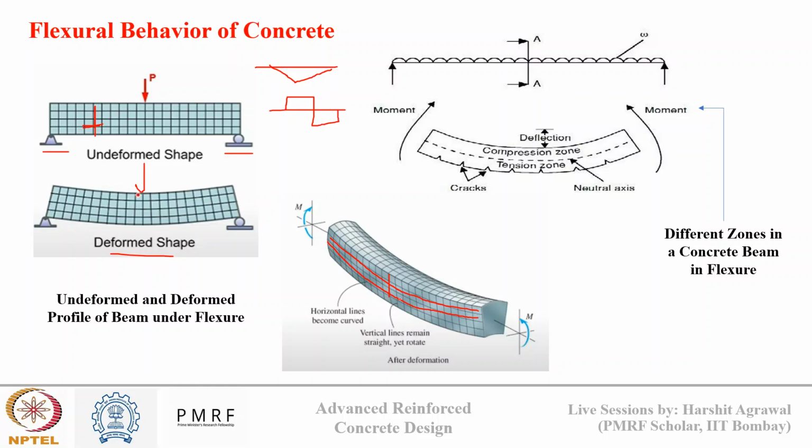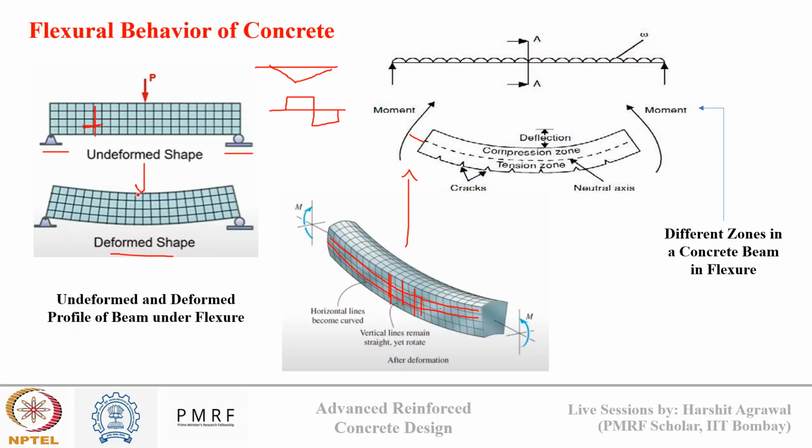What this tells us is that different stress zones are created in a reinforced concrete beam at different depths. These zones are basically the compression zone and the tension zone, and they are separated by a line known as the neutral axis. What is this neutral axis? This is the line where the deformed and the undeformed profile will be the same in both directions. In the vertical direction, we saw there is no change.